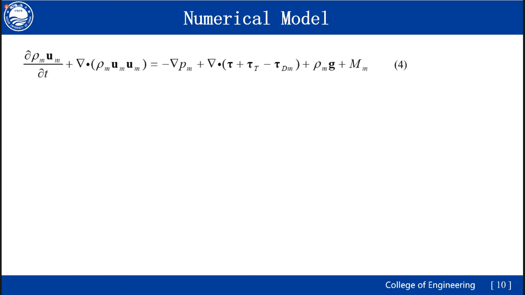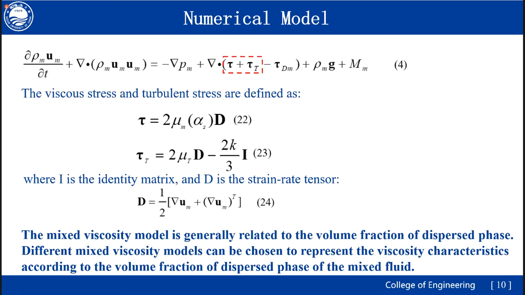And this equation we know, we focused on this. We already did this definition, which we call DM, the diffusion stress. But the next step, we need to get the closure parameters. The closure parameters are viscous stress and turbulence stress, usually defined in equations 22 and 23.